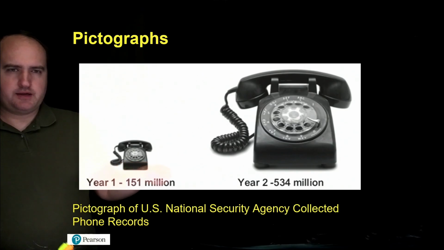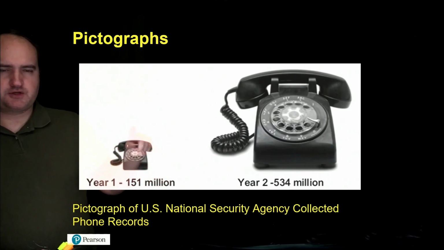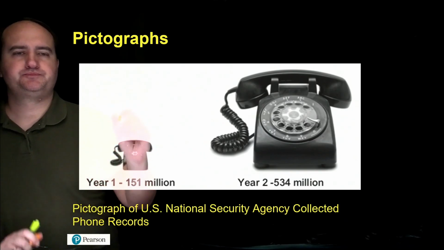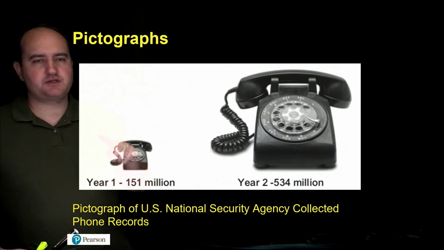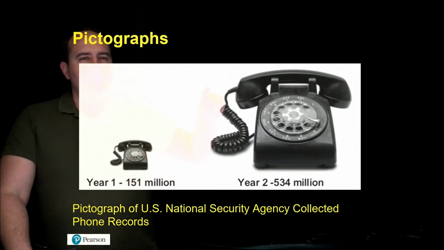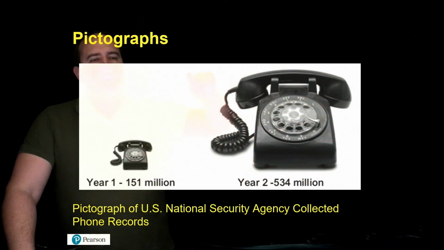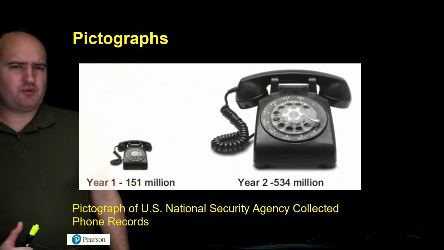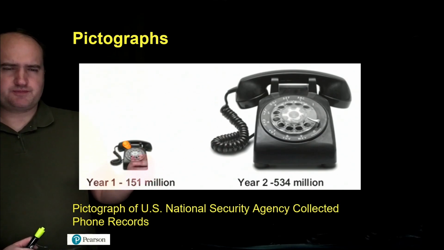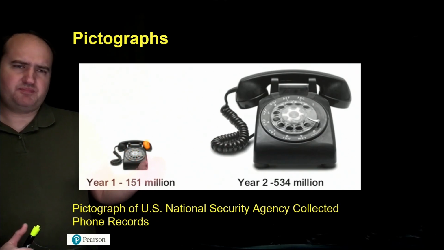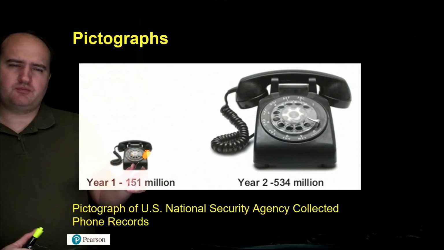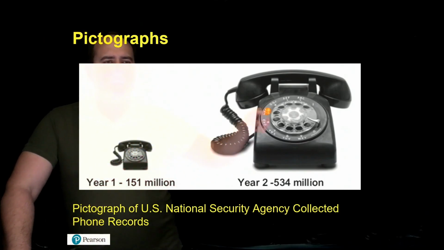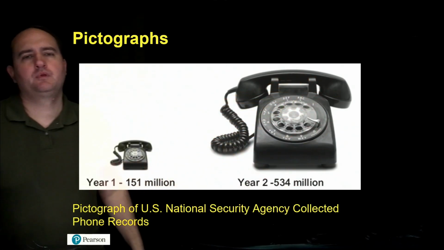If you look at the area of this first picture, imagine it as a square. We draw a square around it. I'm not going to draw a square around it, but just imagine there's a square around this first telephone and a square around the second telephone. Just looking at the pictures, I want to say that this picture on the left might be like 1/8, 1/9, or maybe even 1/10 the size of the picture on the right.